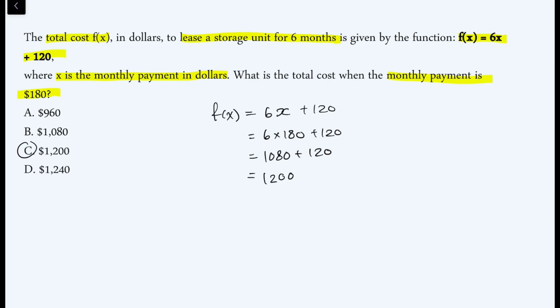So what we just said is that the total cost is $1,200 if the monthly payment is $180.